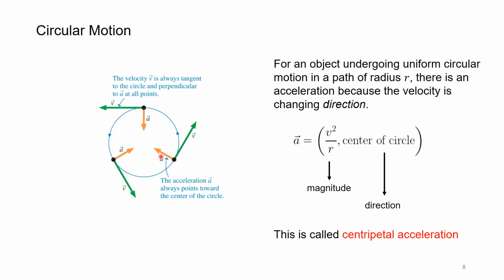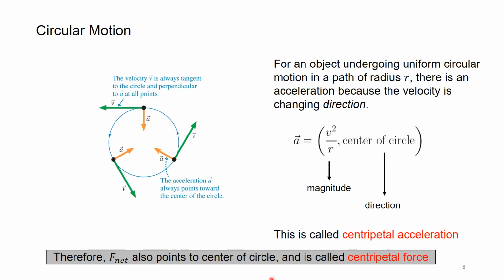And correspondingly, the net force is known as centripetal force. So in circular motion, the net force has to point to a center, and that force is called centripetal force. So when you see the term centripetal force, you know that we are referring to the net force that's pointing to the center.